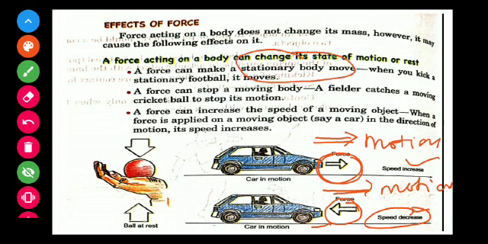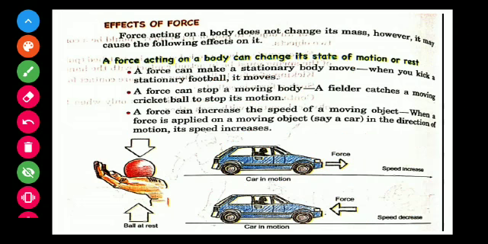Therefore, due to the effect of force, we can make a stationary body move, we can stop a moving body, and we can increase or decrease the speed of a body. These are the examples of change in state of a body. In the first example there is a change in state of rest, in the second we change the state of motion into the state of rest, and in the third case when we apply a force in the direction of motion there is an increase in speed, and if we apply a force in the opposite direction of motion there is a decrease in speed.